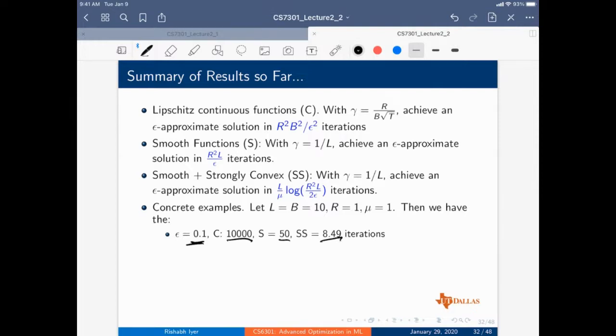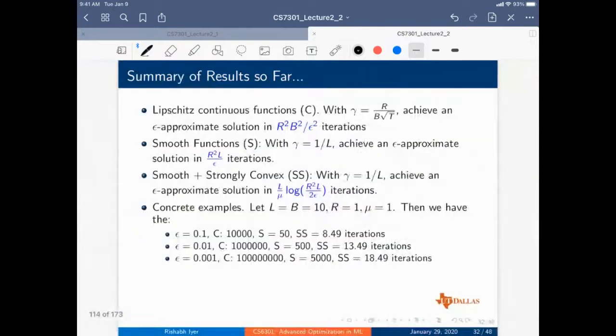So you can see the drastic gap between slow convergence and fast convergence. Make epsilon slightly smaller, and this increases by a factor of 100. This increases by a factor of 10, so 50 becomes 500. But this increases by a constant, which is 5. That's why it's called linear convergence.